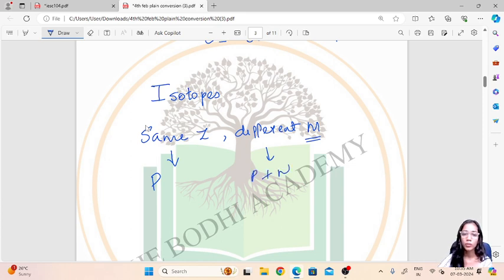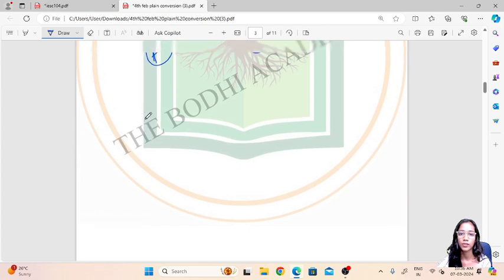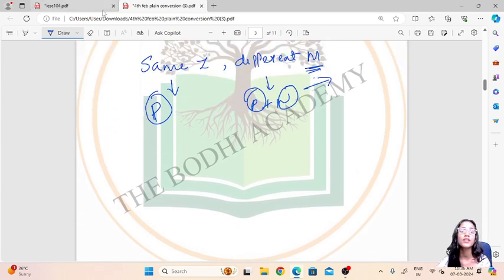So now in these atoms, the atomic number is the same, but what is different is the mass number. So P is the same and what is making the mass number different is the number of neutrons. So the number of neutrons can differ in some atoms of the same element.